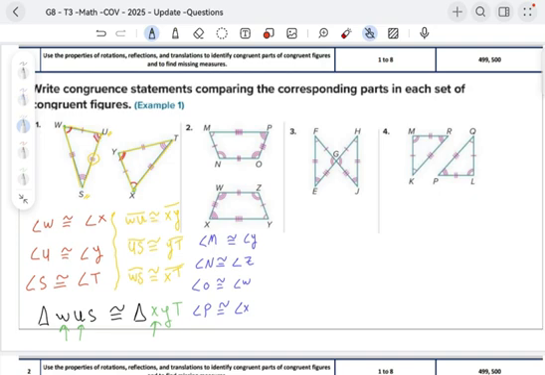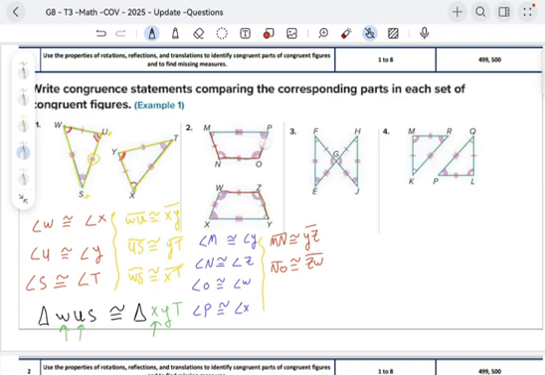And for the sides, first segment MN, it's congruent to segment YZ. Then NO, segment NO, it's congruent to segment ZW.